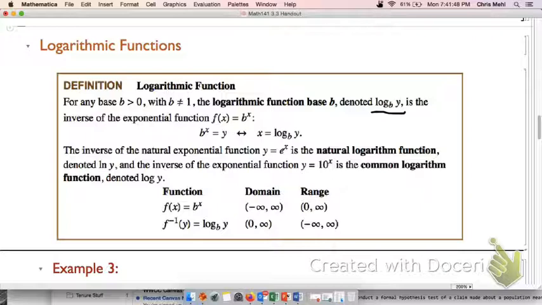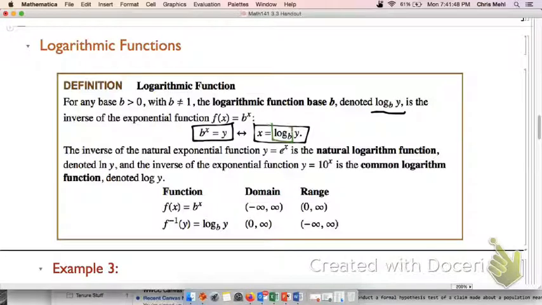So here's the basic idea, I guess. When you look at this expression right here, b to the x equals y, x is the input of the exponential and y is the output. Since the two functions are related by being inverses, when you convert to logarithmic notation, notice that y has now become the input on log base b.